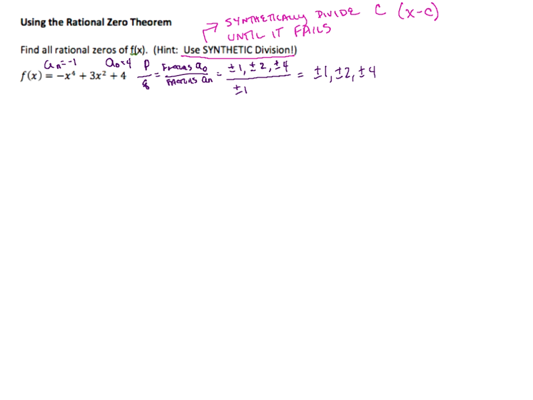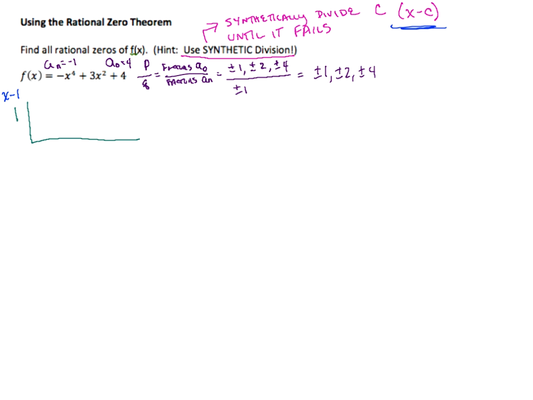We'll start with positive 1, so I want that as my C. Just to remind you, when I am using 1 as C, this is for a factor of x minus C, x minus 1.